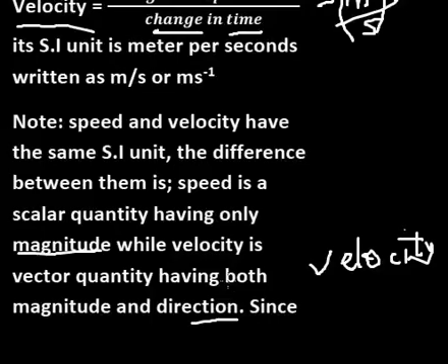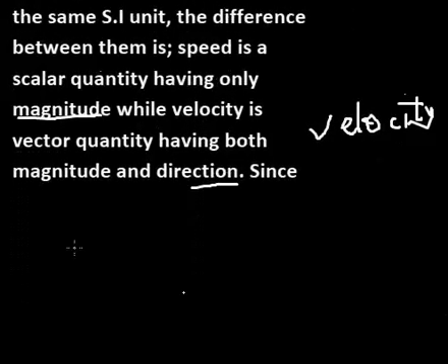So, apart from the introduction of direction as a means of expressing velocity, speed and velocity actually describe the same thing. We are not actually talking about vector quantity here. In this linear motion topic, we are only looking at scalar quantity.